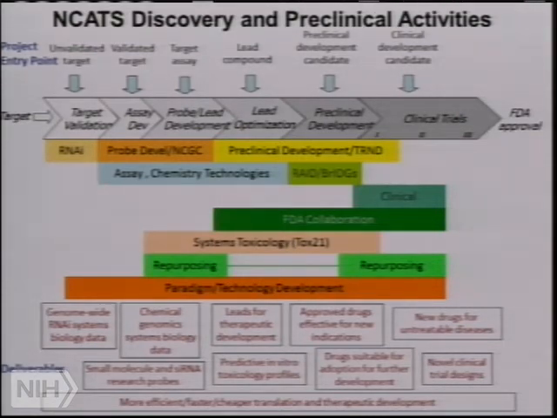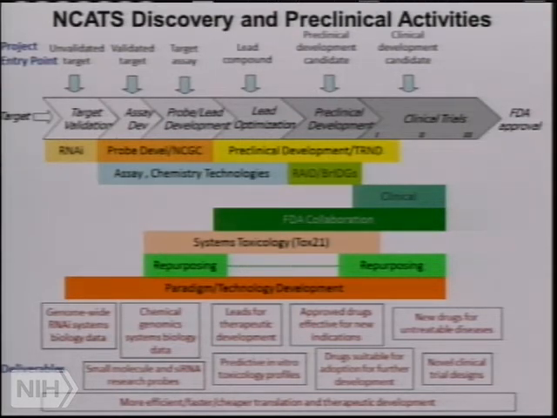But the whole process of starting from some biological information to ultimately arriving at a drug or clinical agent that would be approved for therapeutic use is a very lengthy process. It costs anywhere between tens of millions to hundreds of millions of dollars, and the failure rate in the process is well over 90%, depending on how you define the starting point and the end point.